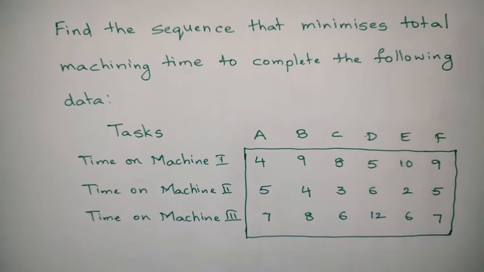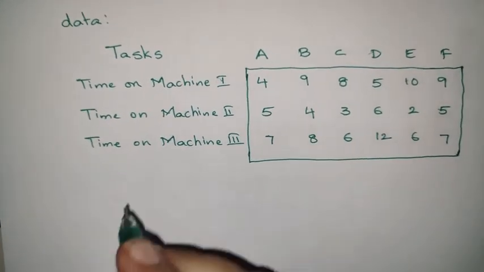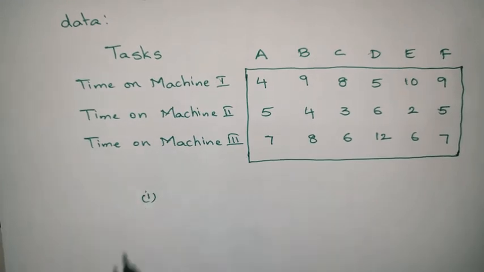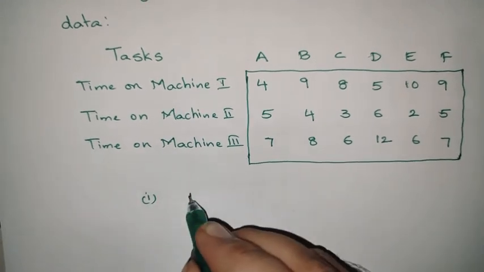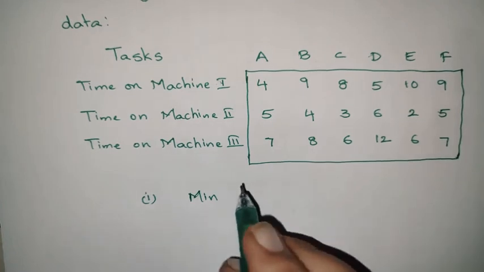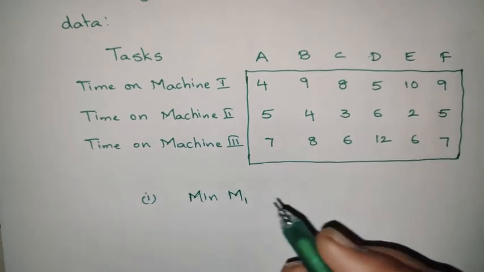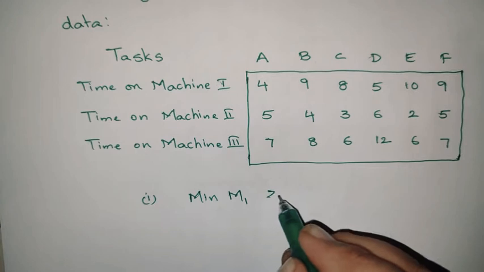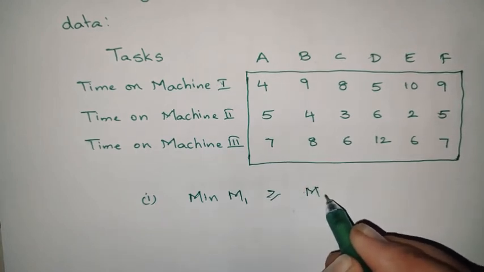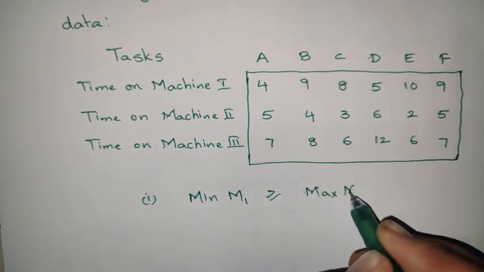The first condition to be satisfied is that the minimum process time on machine M1 should be greater than or equal to the maximum process time on machine 2.